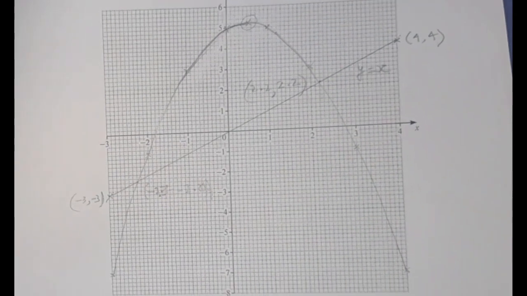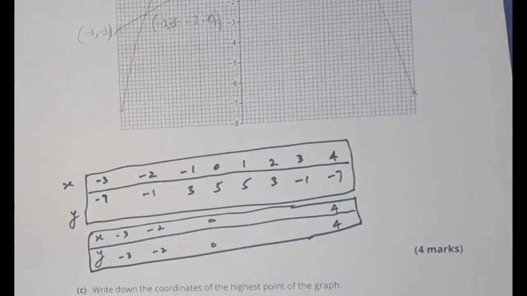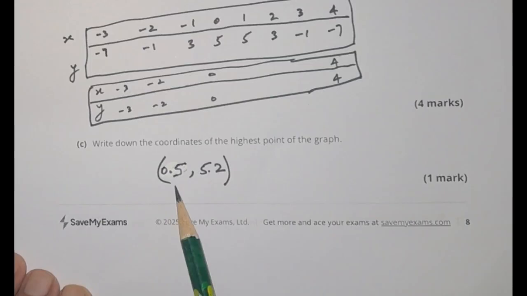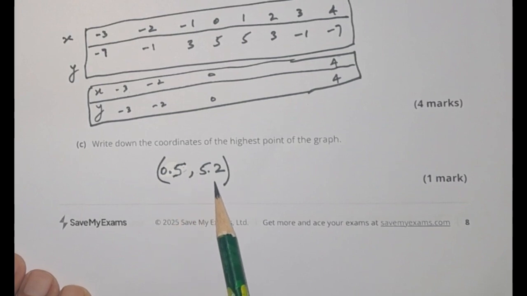So we write down the coordinates of highest point here as 0.5 and 5.2 and get 1 mark.